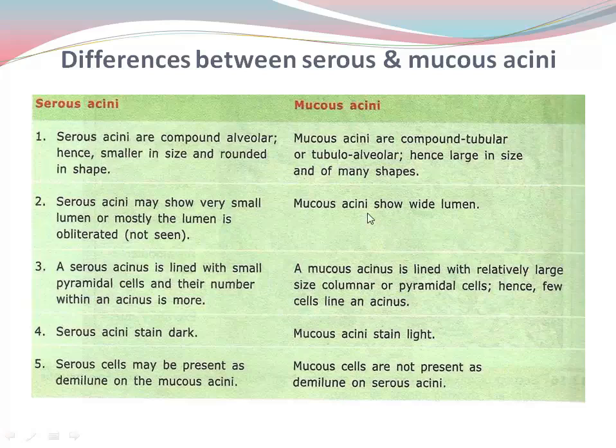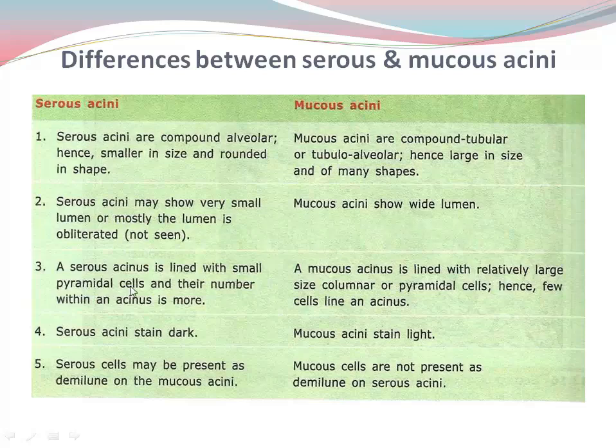But in mucous, that secretion is a merocrine kind of secretion, so continuously the mucus is poured into the lumen, and there is a gap between the cells of the acini to store that mucus. Here they store that secretion in the cell only. So there is no lumen you see in a serous acinus. Here you will find quite a good size of lumen.